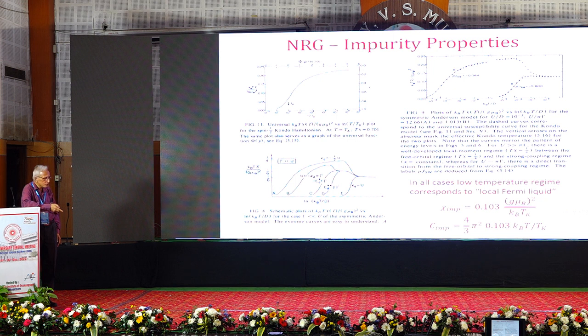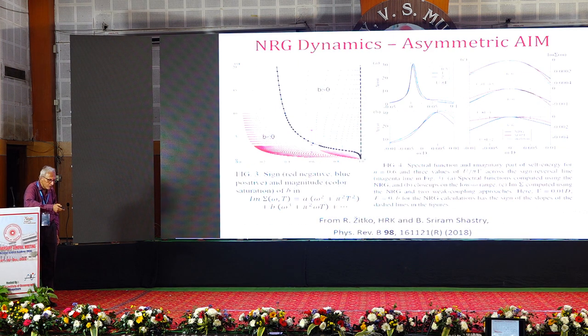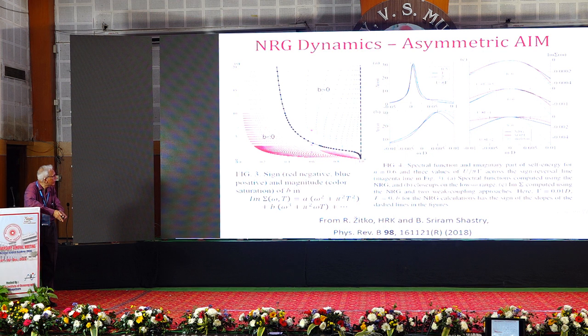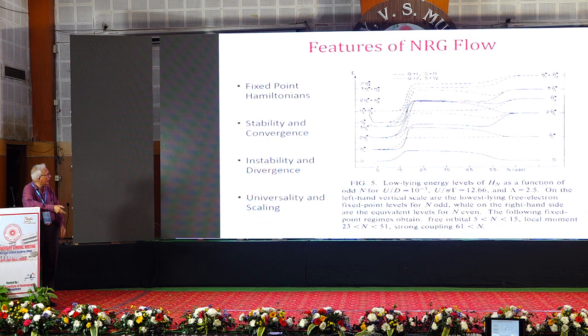And when you do that, you get some very interesting results. Here's a picture of how the many electron levels that I've talked about change as you change the n.